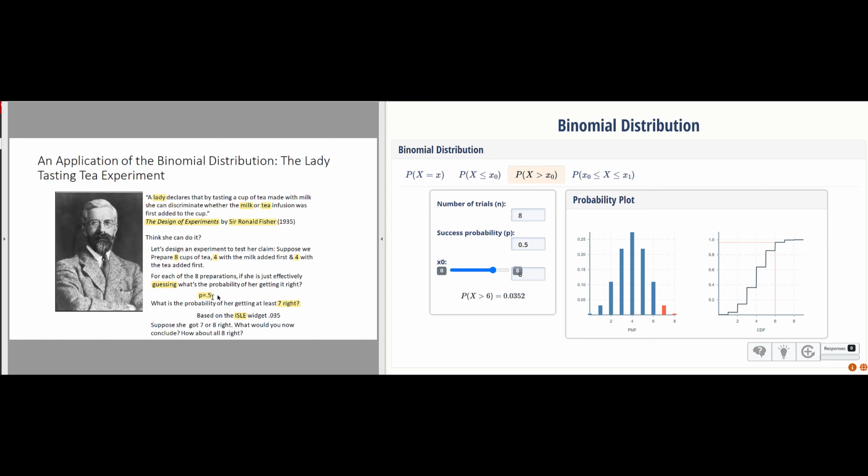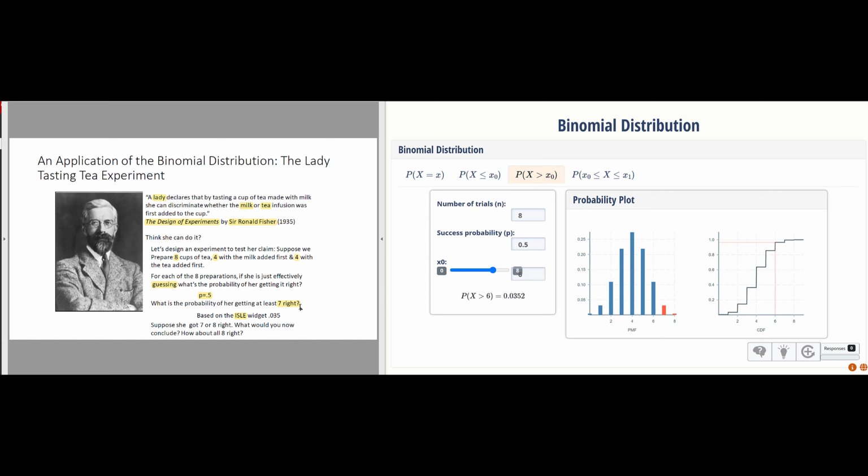We know from the way that we've set up the experiment that the probability of her evaluating the tea correctly, if she's guessing, is only 0.5. Since she was able to get 7 or more right, there's only a 3.5% chance that she could do that if she is guessing.